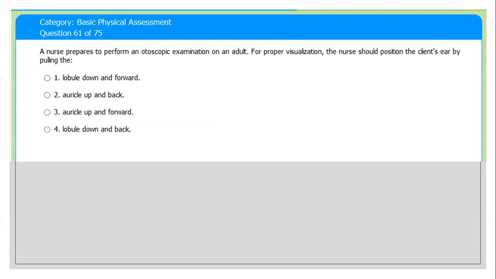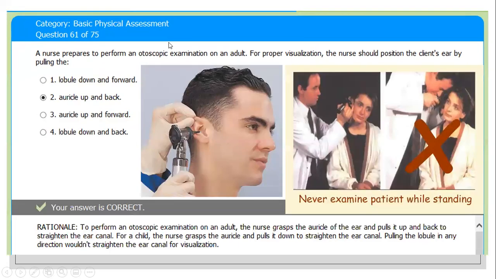Otoscopic examination. What is it? This is the picture you can see. Never examine the patient while standing. Always sit down. And here showing auricle up and back in case of adult.